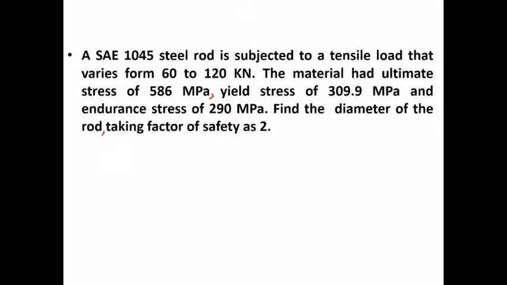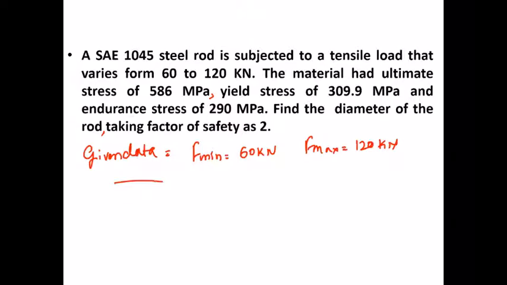Now let us note down the given data. F minimum is 60 kilonewton, and F max is 120 kilonewton. If you draw the diagram, it is just a steel rod, and you need to find its diameter.